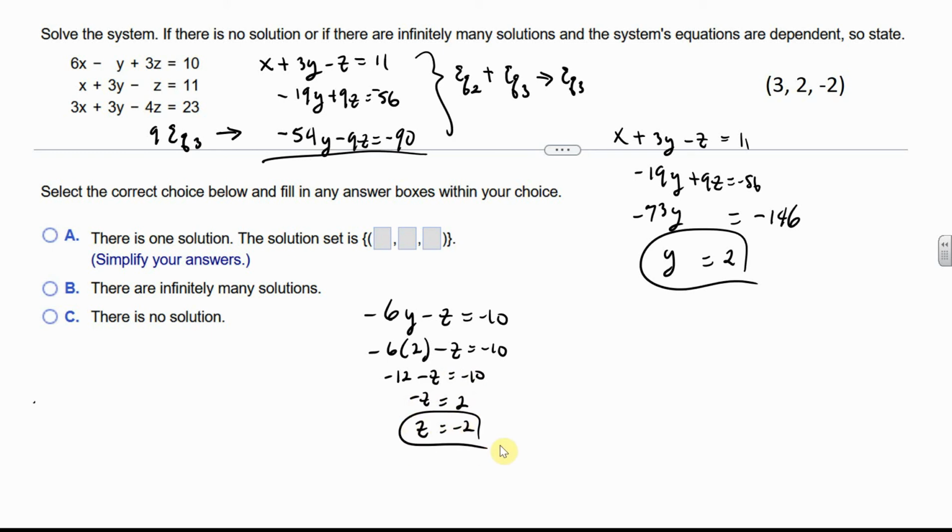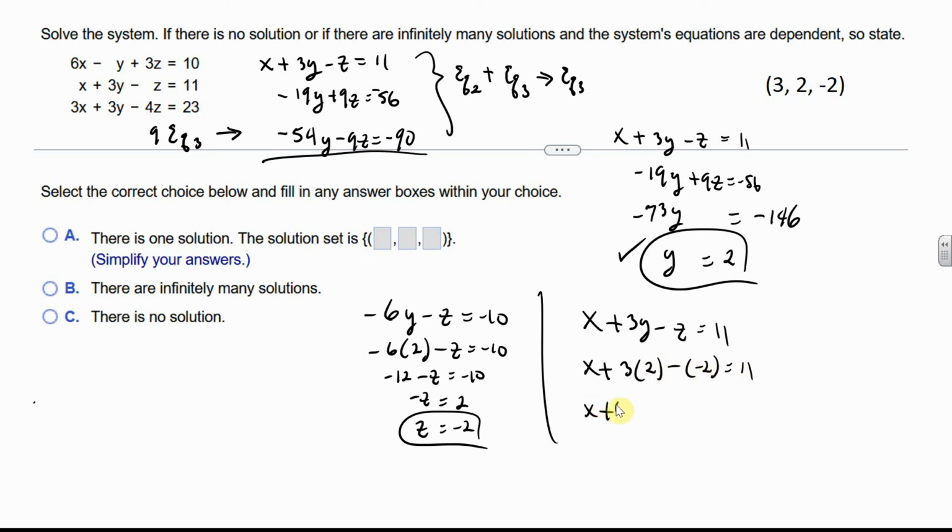So if I know that z is equal to negative 2, y is equal to 2, go back to the original equation. For the first one, x plus 3y minus z is equal to 11. So I get x plus 3 times y is 2 minus a negative 2, that's equal to 11.